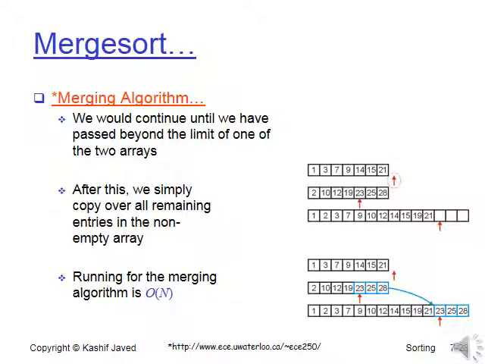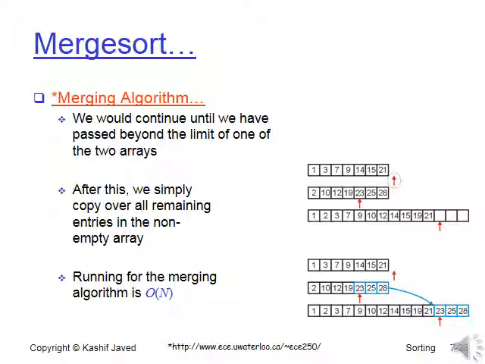Take a look at an example where the upper sorted array has the numbers 1, 3, 7, 9, 14, 15, and 21, and the lower sorted array has the numbers 2, 10, 12, 19, 23, 25, and 28.